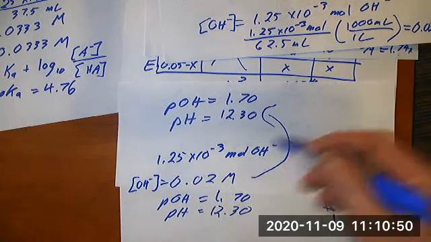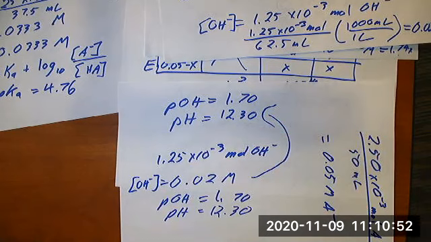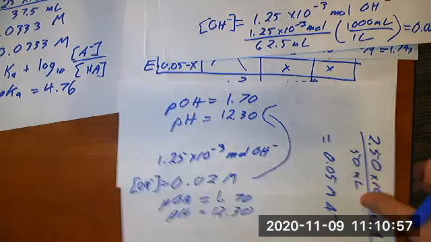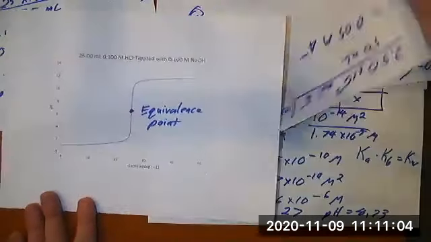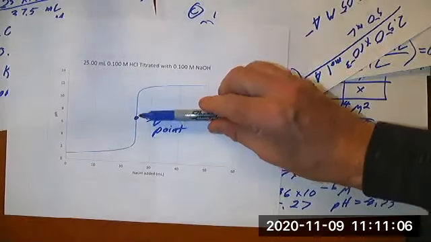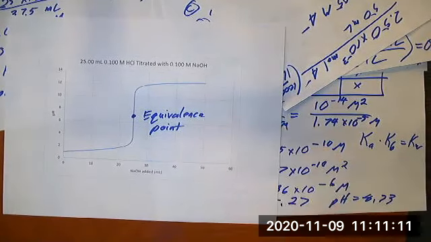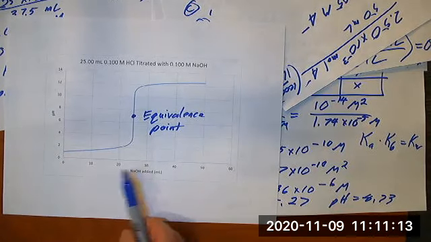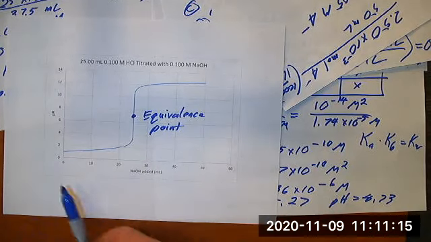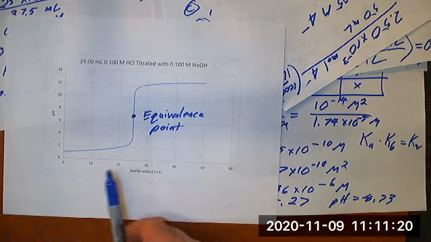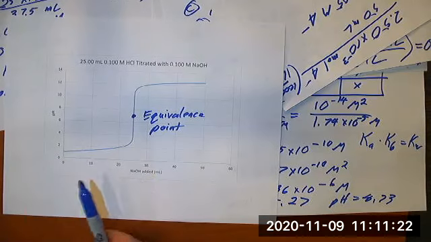Now, when I showed you a minute ago what the titration curve looks like for the strong acid, strong base case, just as a reminder, it looked like this right here, where the equivalence point was at a pH of 7, and the volume added was equal to the volume of the original acid that we started with. It is only going to be equal volumes if the concentrations are the same.